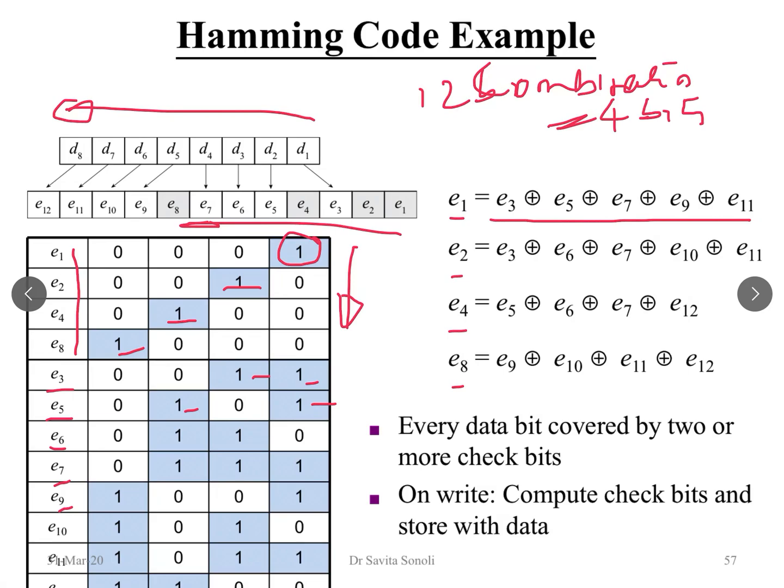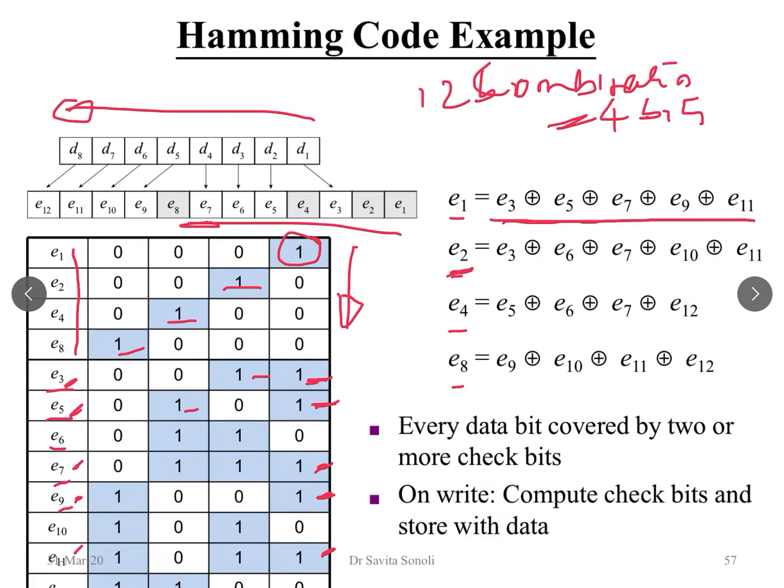So you observe that this one is for E3, then next one is for E5, then E7, then E9, then E11. So that's why E1 is E3 XORed with E5, E7, E9 and E11.